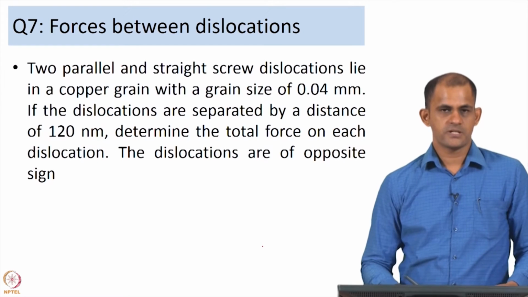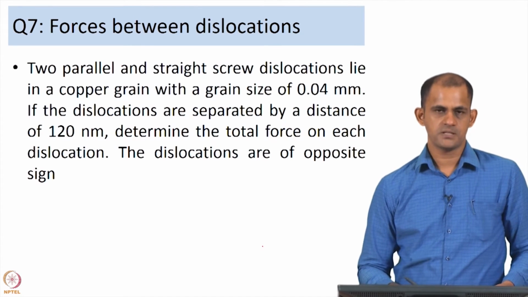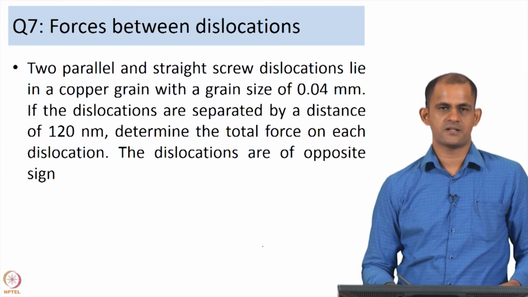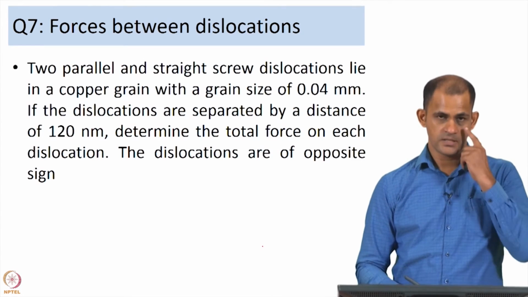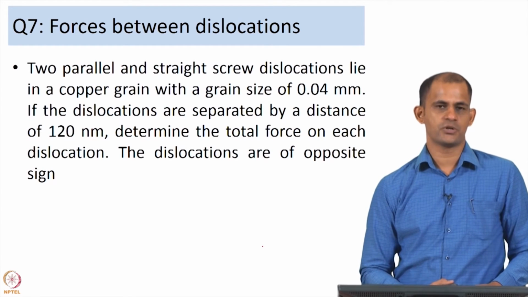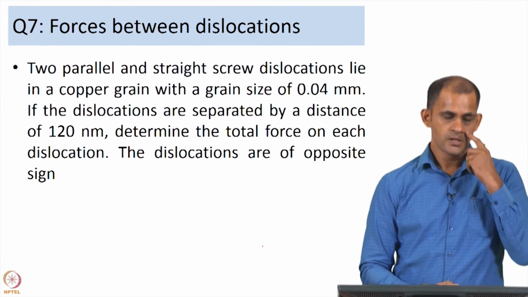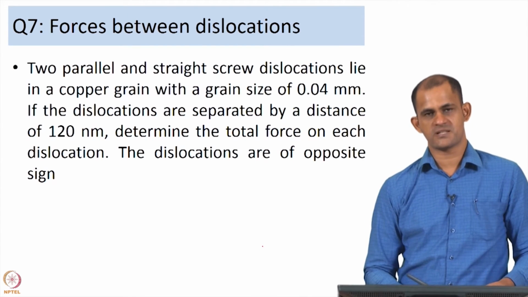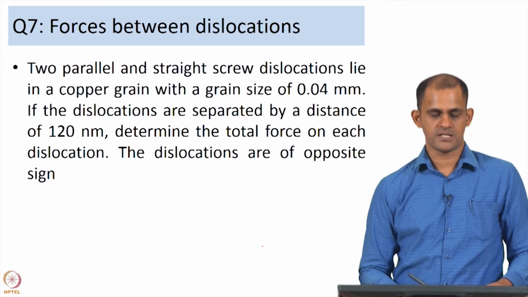So, the next question is about forces between dislocations. Because of the stress field that is present around a dislocation, those stress fields will ensure interaction between dislocations. So, this is one question about the kind of forces that might exist between dislocations.